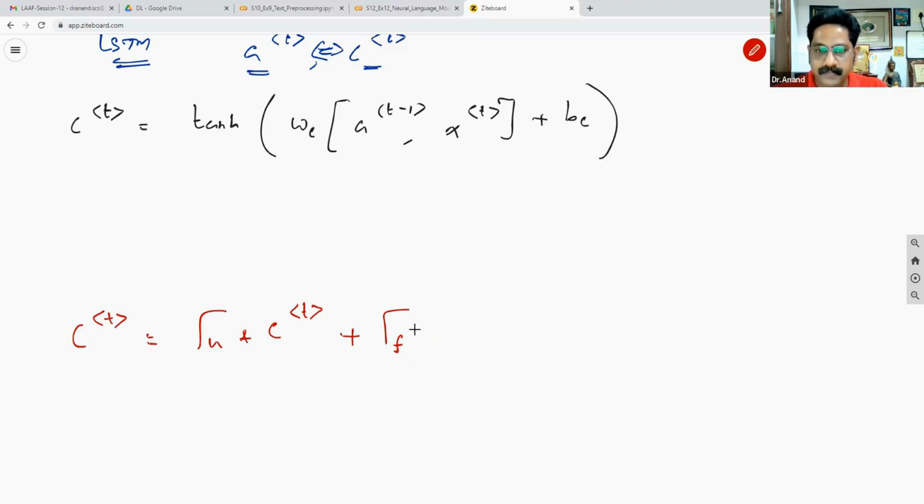Logically you can correlate this 1 minus tau u times C of t minus 1 as a weighting component over C of t minus 1. You are giving some weightage to your past memory. This weighting factor is considered a forgetting component of C of t minus 1.